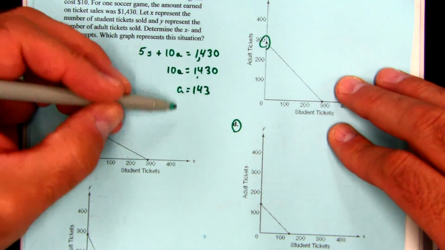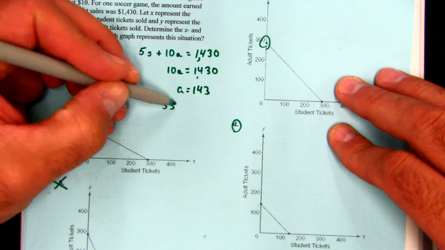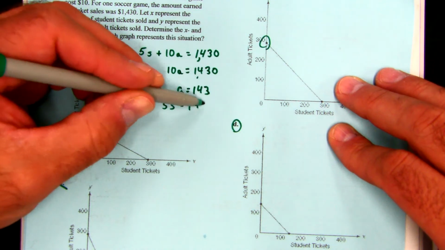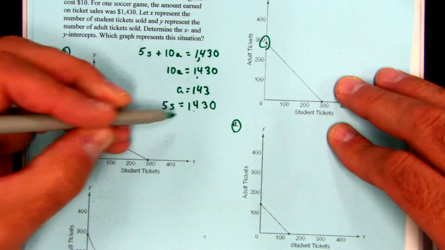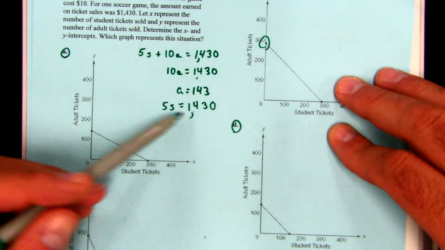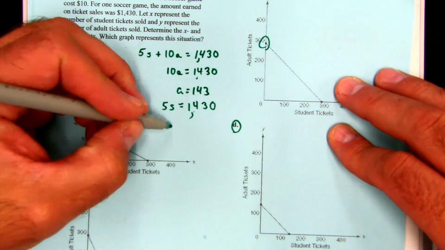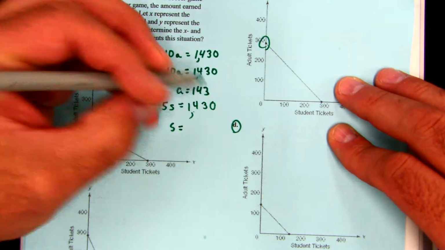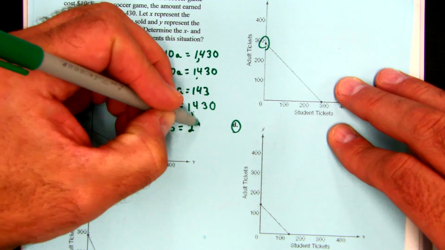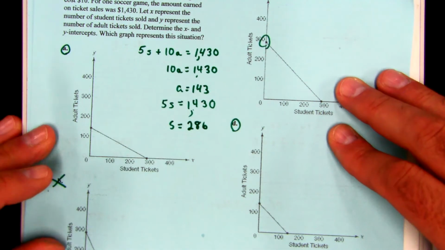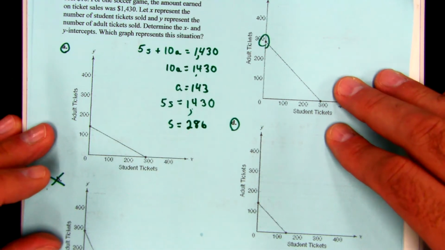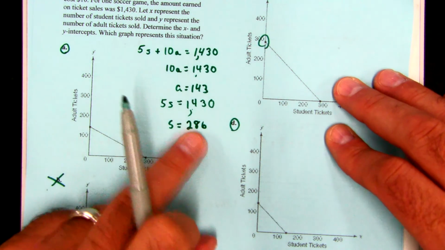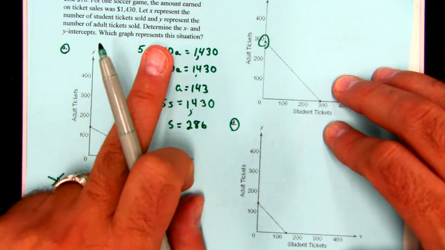Now I can reverse that. If I sold no adult tickets, how many student tickets would I have sold? Well, now I would take that and divide it by 5. Now I know that that number is going to be 286 student tickets. One of the reasons I know it's 286 is because I have to sell 2 student tickets to equal 1 adult.